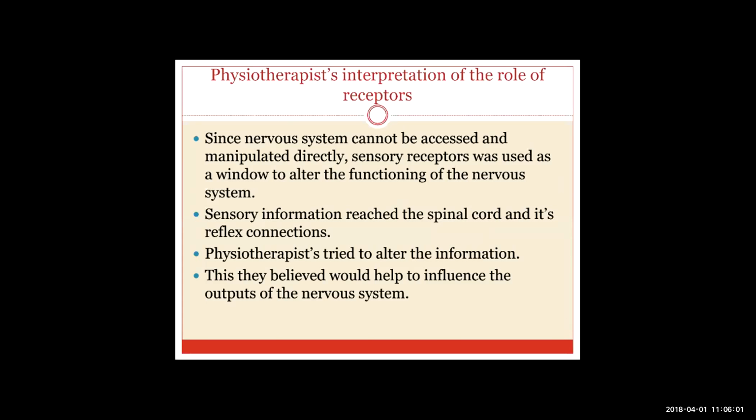The sensory information reaches the spinal cord and its reflex connections, and physiotherapists basically try to alter this information. So there were many treatments based on reflexes. You all know about the reflex arc: the sensory information goes and the motor output comes. When they altered it, they believed that this alteration of the peripheral inputs would influence the output of the nervous system.